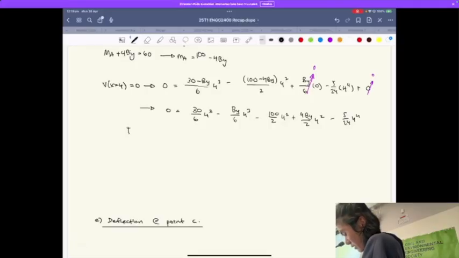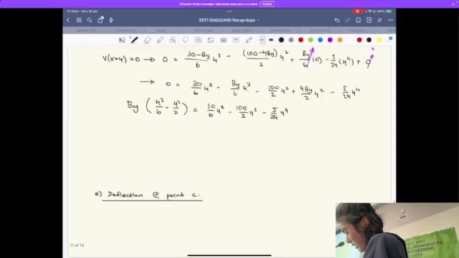Should get something that looks like this. By is equal to 3 on 6 minus 3 on 2. And then when you divide this side by this side, you should get your By. And when you get your By, you can find your Ay. And when you get your Ay, you can find your Ma.